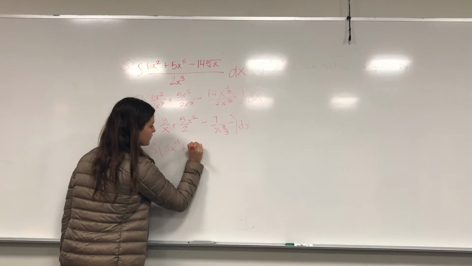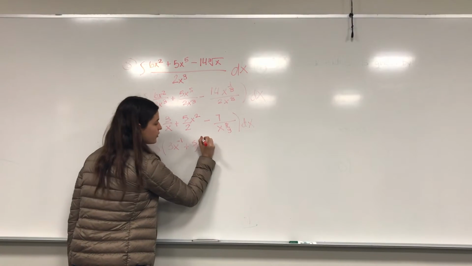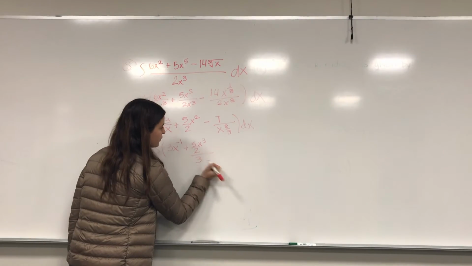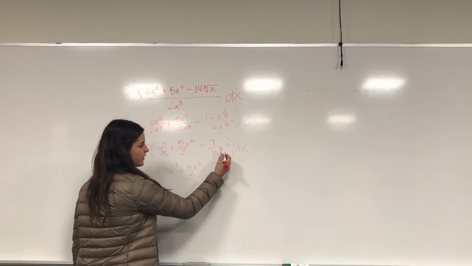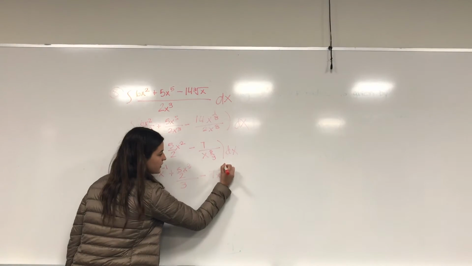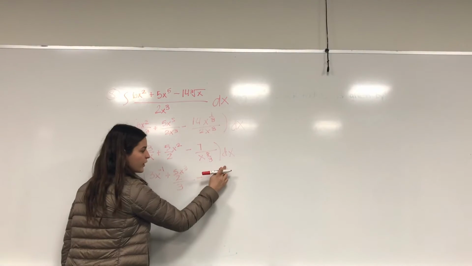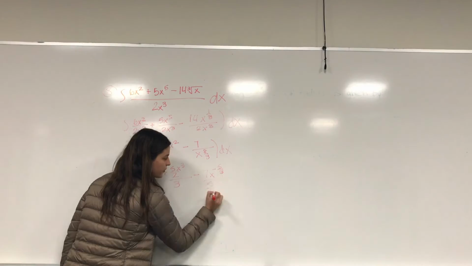In the second term, you have to add 1 to the number 2, so you get 3 and divide by 3. In the third term, you have to send the x to the power of 2 over 3 to the top, so you have this negative. You have to add 1, so it becomes 5 over 3, and you divide by 5 over 3.